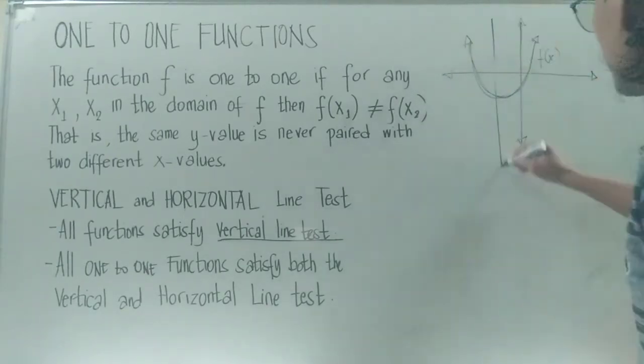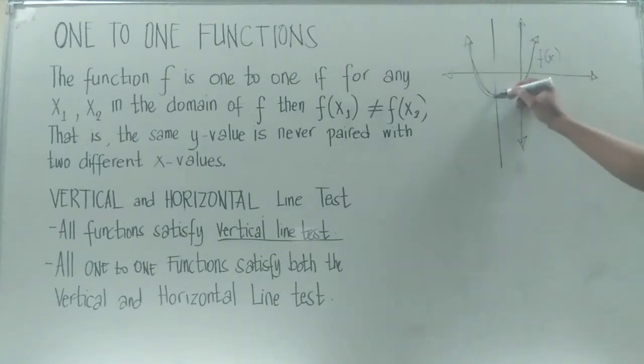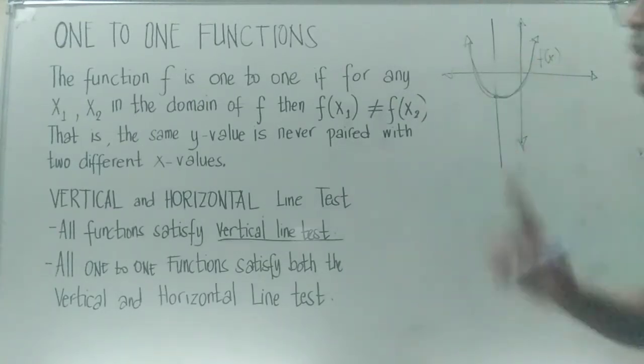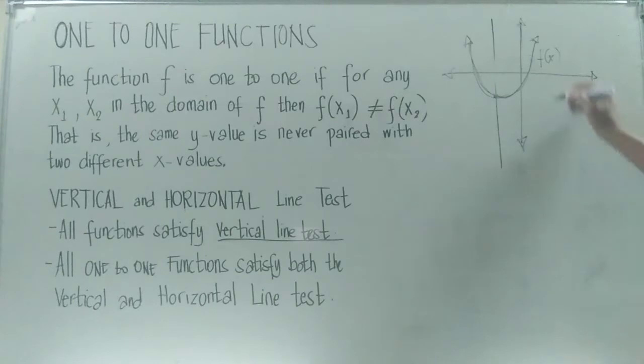Put some vertical lines in there, and you can see that there is one intersection, so this is a function. It satisfies the vertical line test.